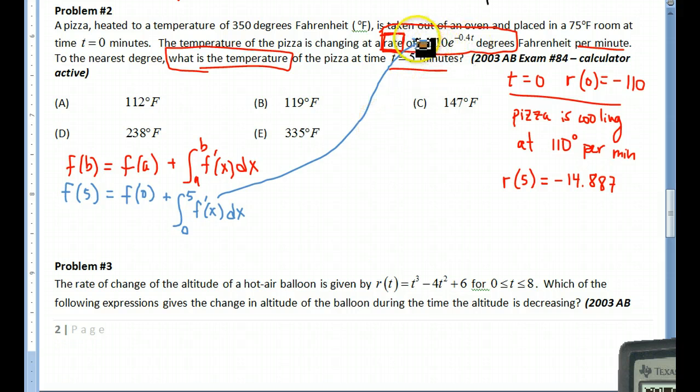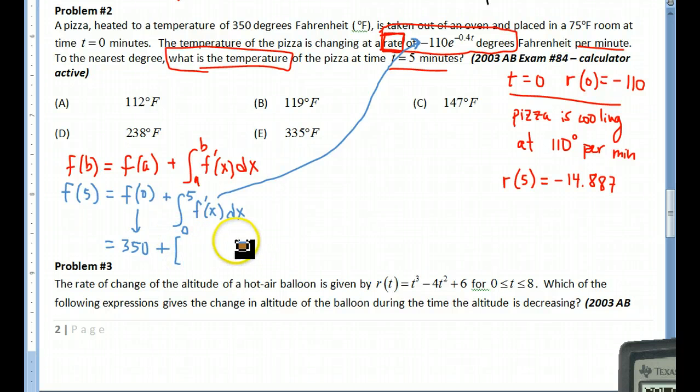This tells you how the temperature is changing. Okay? So do I know any of these values already? Yeah. You know that F of 0 is 350. This is the starting temperature. Plus, I need to find the change in temperature from 0 to 5.